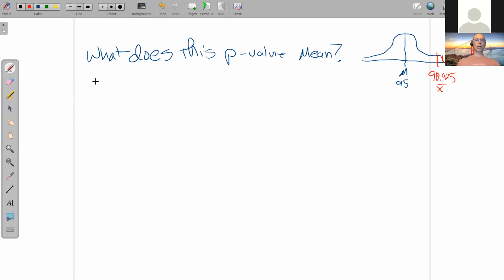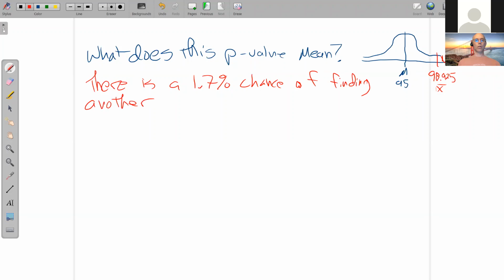So there is a 1.7% chance of finding another sample, and this was a big sample, right?